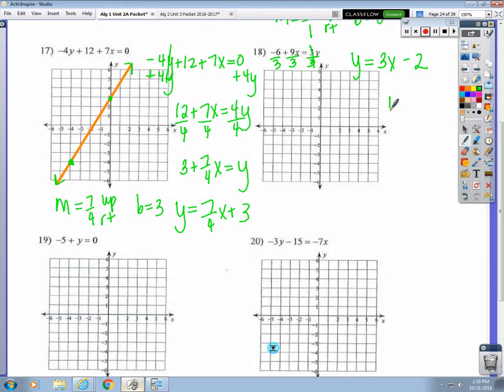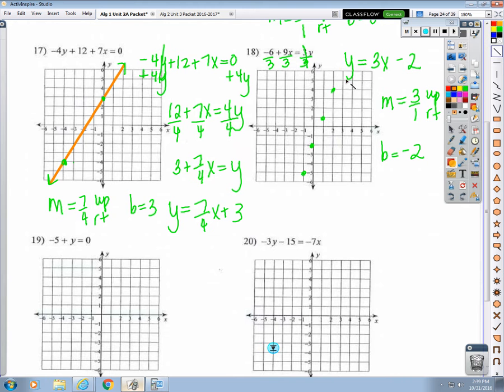So now, what's the m? And my b is, so what do I do first? And then I go, or I could have gone, right. Okay, go ahead and try number 19 by yourself.